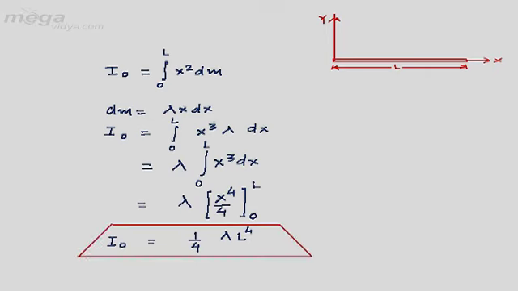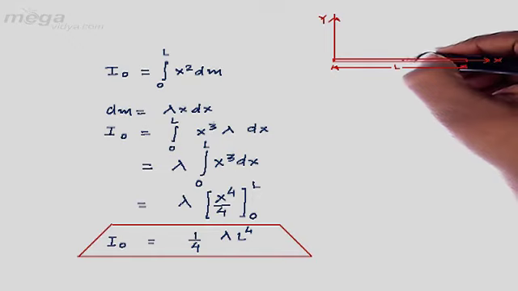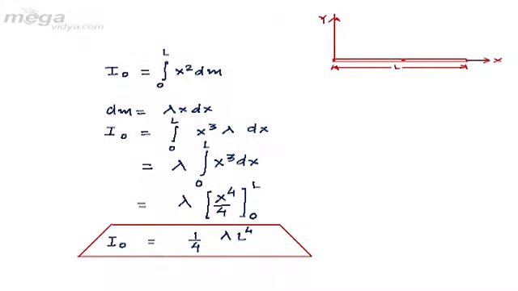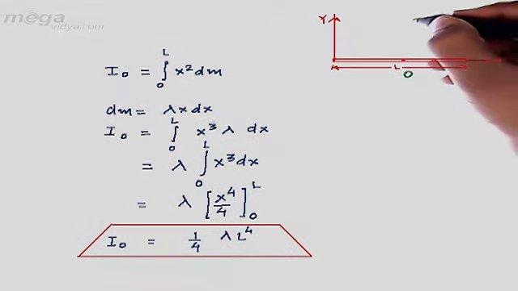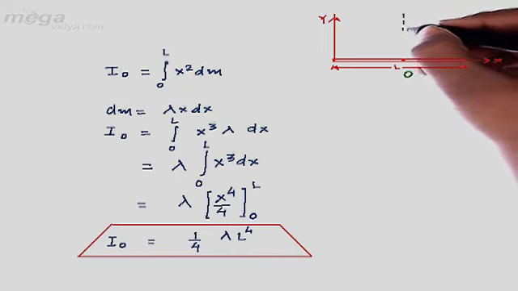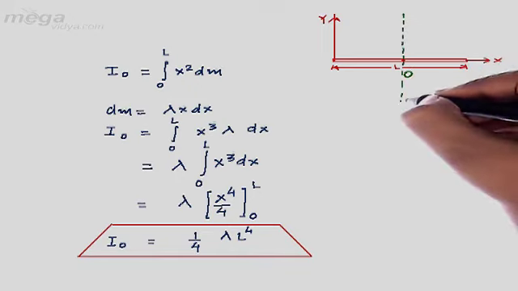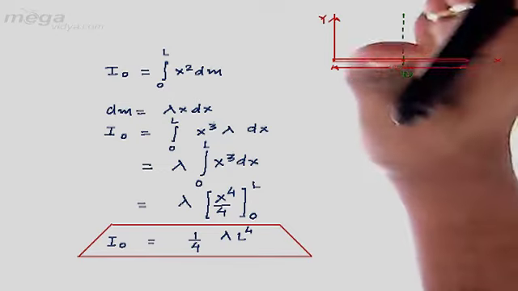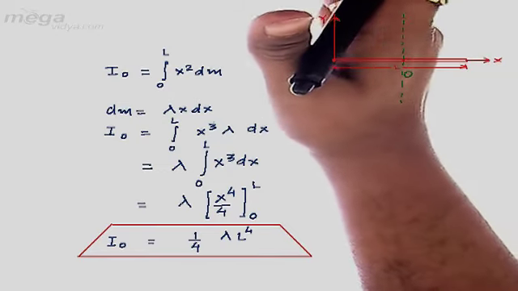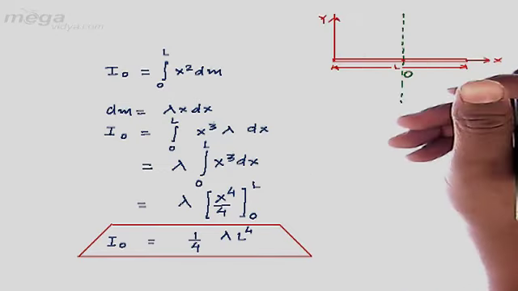Now coming to part B of the question. From the figure we can say the center will lie at this point O, and we have to calculate the moment of inertia about this axis. We can easily see from the figure that the given axis is parallel to the axis passing through the y-axis.